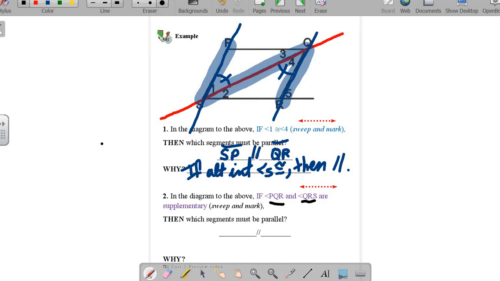So if you squiggle these angles, PQR, so P to Q to R, sweep, and QRS, trace and sweep, you will notice that our stir stick has changed. The two angles are hugging or right next to that segment. Therefore, these are the lines that now must be parallel.